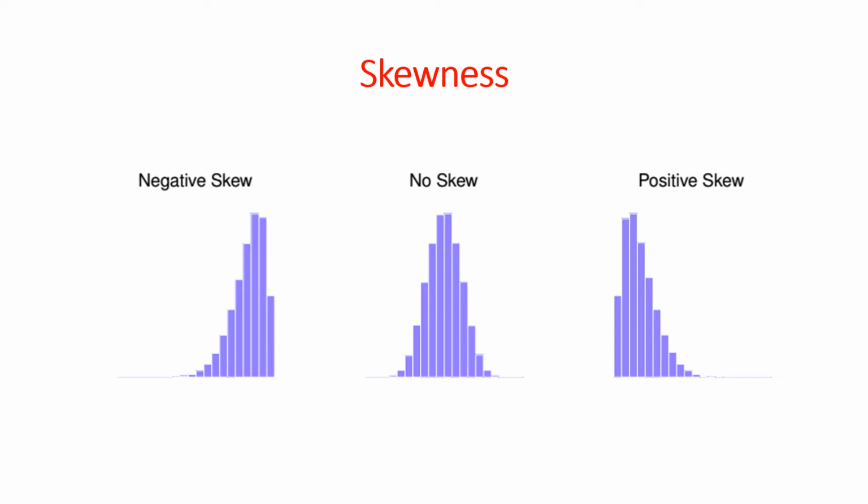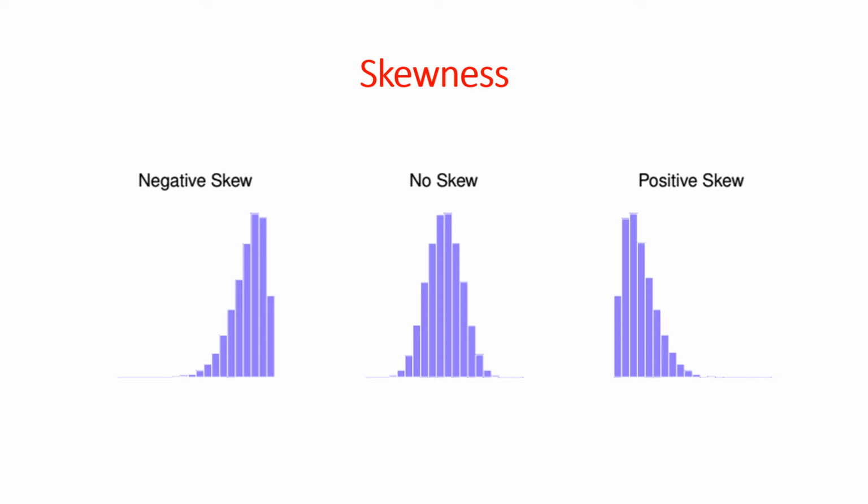The mean is on the left side of the distribution because we have more outlier and extreme values on the left side of the distribution. That's why the left tail of the distribution is longer or fatter. So that drives the mean towards the left side.